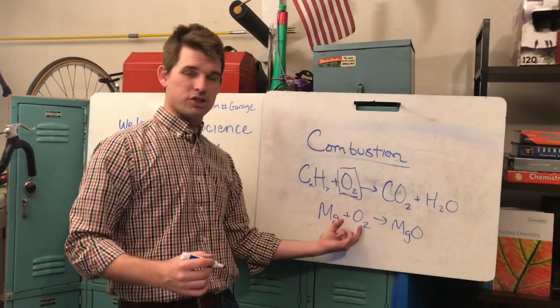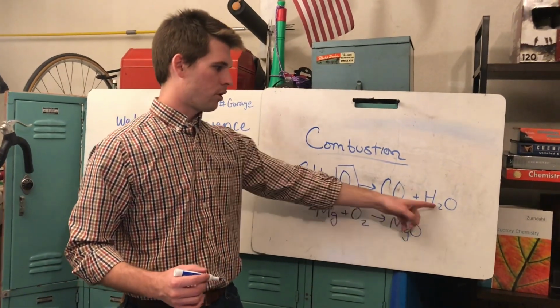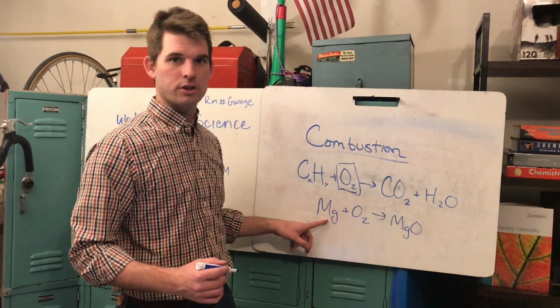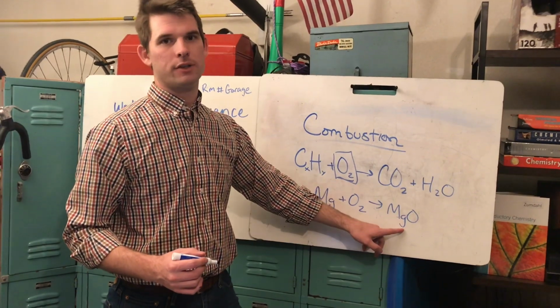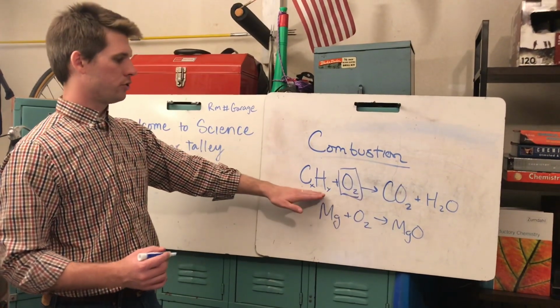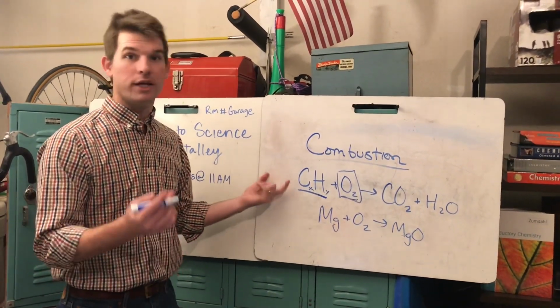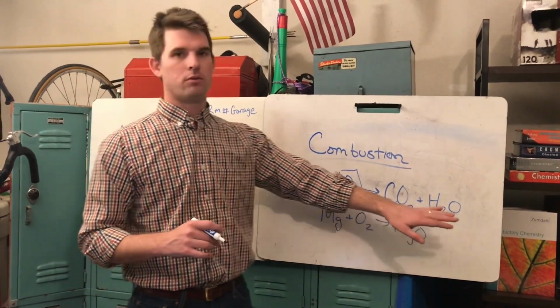So it was combustion in that it's reacting with oxygen, but we couldn't produce carbon dioxide or water because we didn't start with any carbon and we didn't start with any hydrogen. So we could only produce MgO. Okay, so that's kind of a tricky situation. But for the most part, combustion is usually some hydrocarbon, some C2H4, whatever, plus O2, and it's going to react and form CO2 and water.